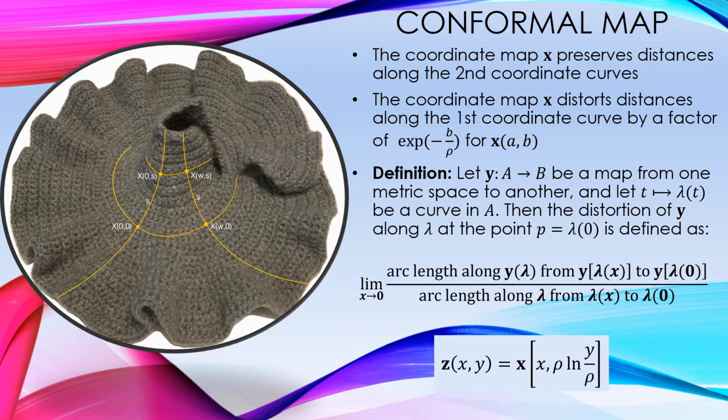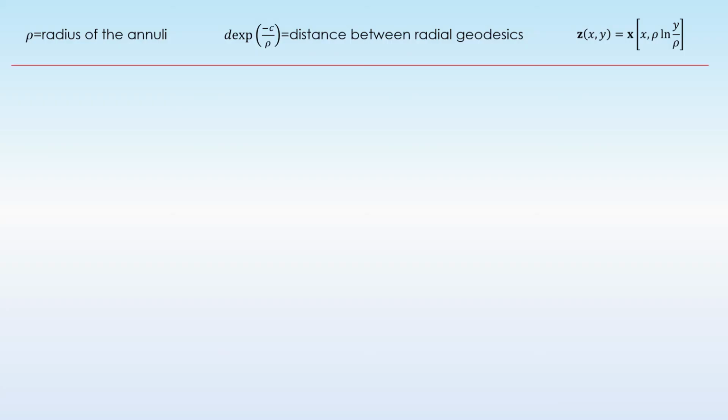The following lemma will be useful to us in our quest to show that our crocheted model is the same as the upper half plane model. Before we take a look at the lemma, there are a few definitions I would like us to keep in mind. Just a reminder, ρ is the radius of the annuli in our hyperbolic model.